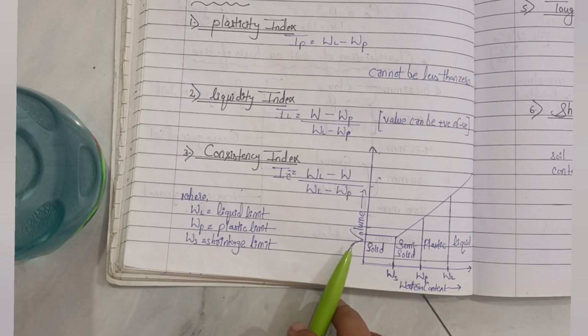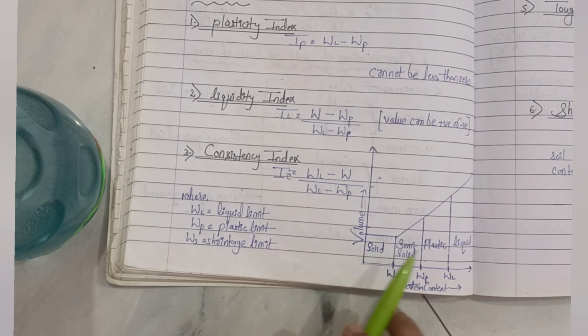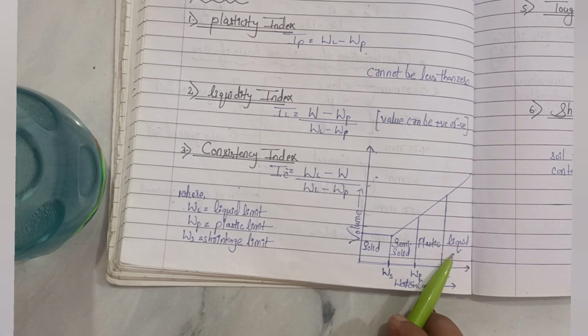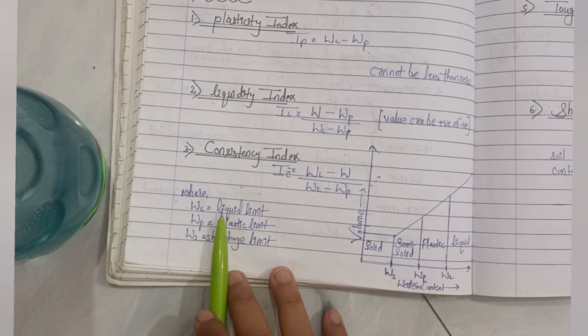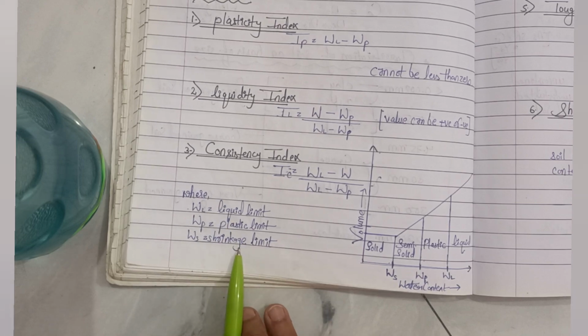This is the graph between volume and water content. This one is solid, this one is semi solid, this one is plastic, and above the liquid limit it will be liquid. So this is the important chart, showing liquid limit, plastic limit, shrinkage limit.